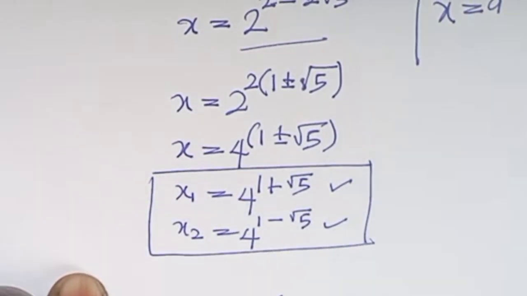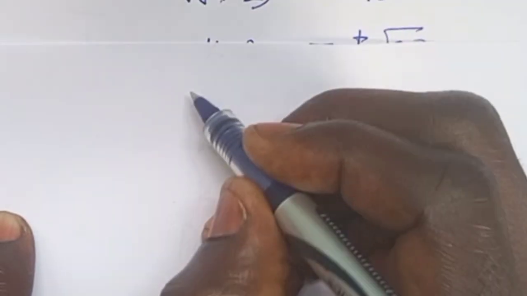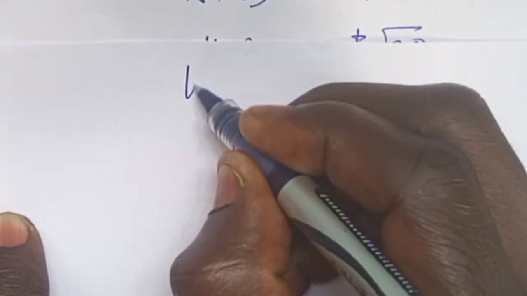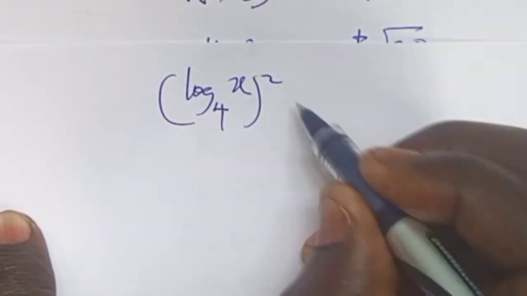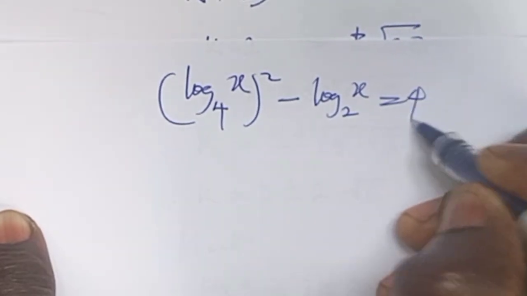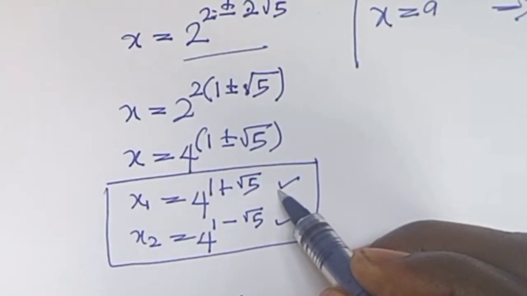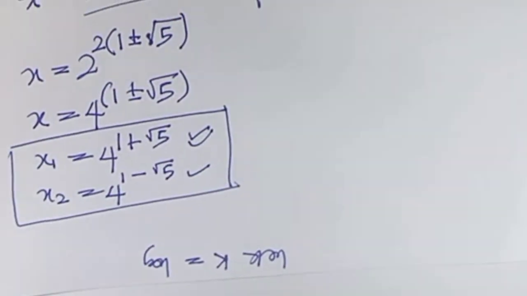These are the values of x that can satisfy the equation. So we're going to check if the value actually satisfies the equation. From our original equation, log x base 4 all to the power of 2 minus log x base 2 equals 4. In place of x, I'm going to check with this fixed value of x, which is x1, if it satisfies the equation.